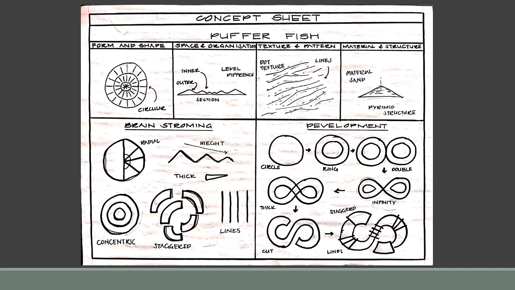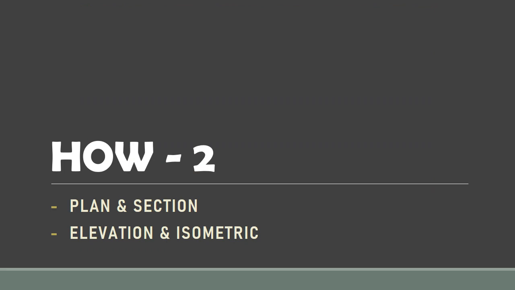What I did was I doubled it, and then I merged it, making an infinity sign. And I thickened it to give a 3D form. And on the infinity, I cut it, giving a start in the beginning. And then I added the staggered form and the lines, giving my final shape and form.